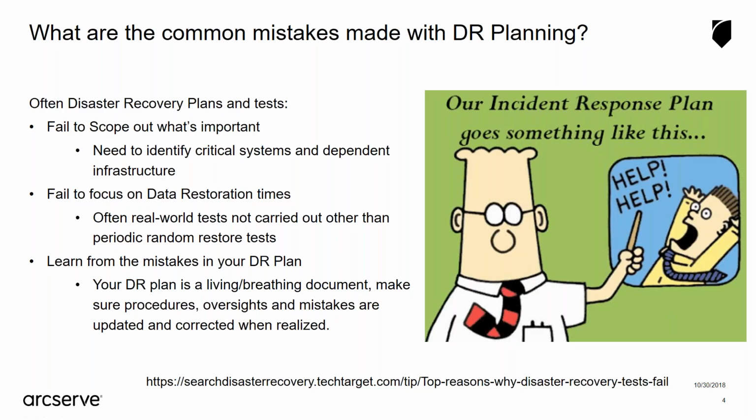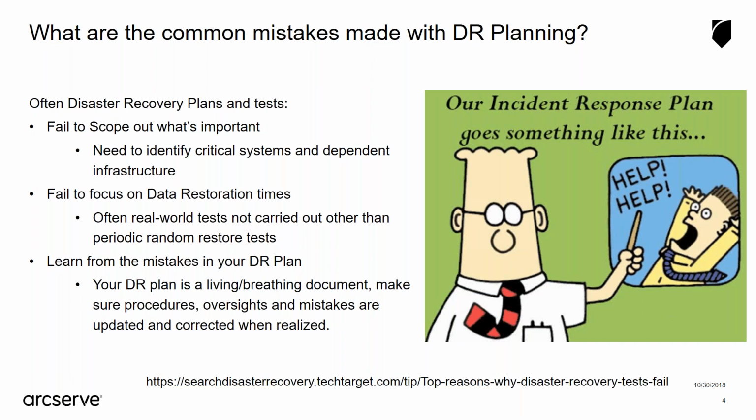So what are the most common mistakes made with DR planning? This is actually information from Search Disaster Recovery. It's available online. I actually put the URL in there, so I'm not making this stuff up. One of the main reasons is to fail to scope out what's important. This goes back to what I was just saying about if you're doing DR testing once a year or less, a lot of changes happen to your infrastructure. You could write a DR plan and stick it in a filing cabinet on your ops shelf, but if nobody's updating that document as changes are made to the environment, it quickly becomes out of date.